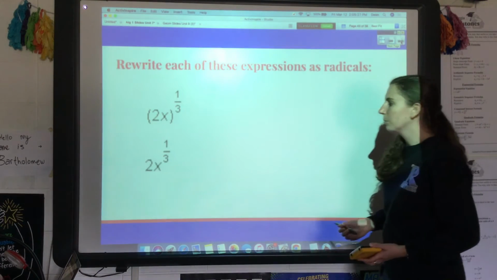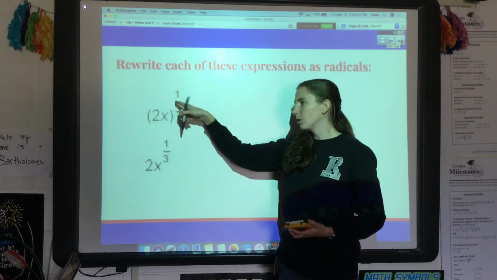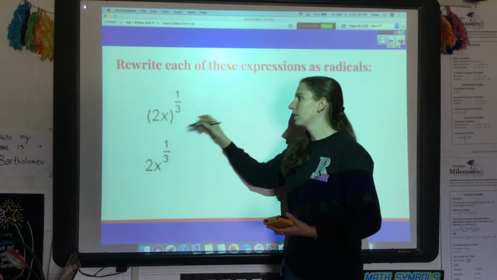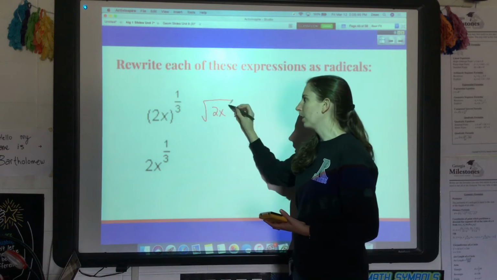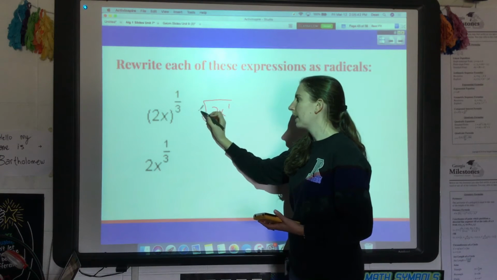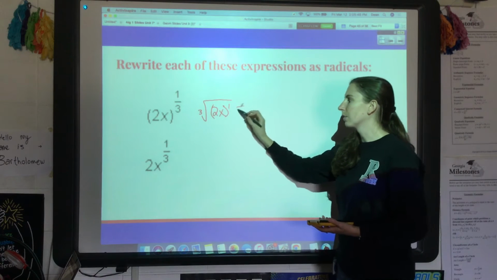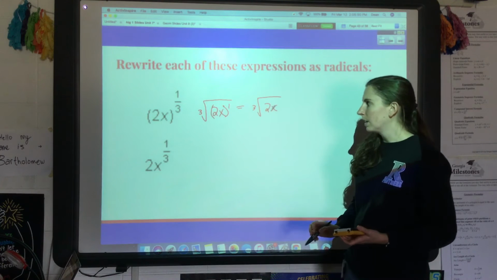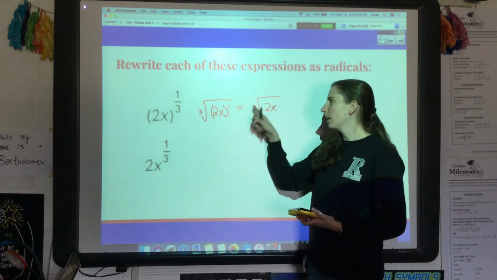This time, if you have multiple things to a power, they all go under the radical. So all of this would go under the radical as 2x to the first power, and the 3 gets bumped out here. You don't really need to put the 1 there, so I'm just going to rewrite this as the cube root of 2x. Notice that anything to the 1/3 power is always going to be a cube root.